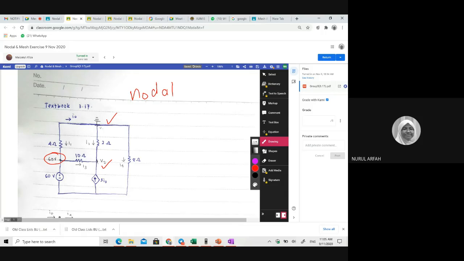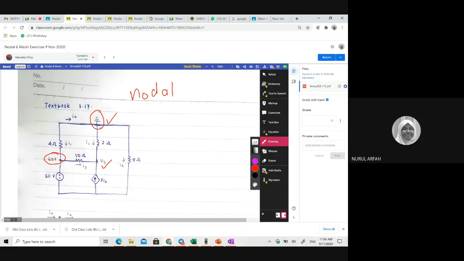By the way, a reference point can be anywhere. Even your friend here, she put the reference point on top. Fiza, right? Okay, Fiza put it here. And then what do you think? Is this 60 volt or not? Anyone here can unmute yourself and answer.